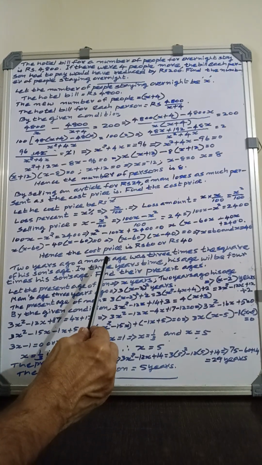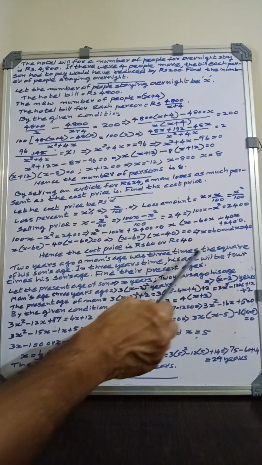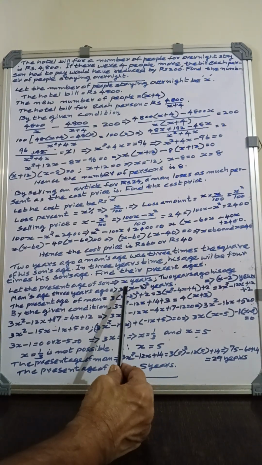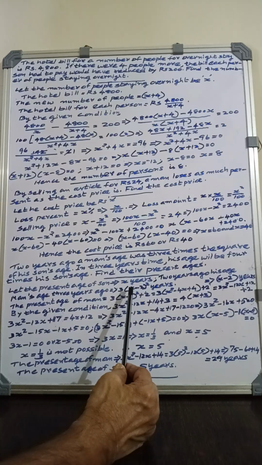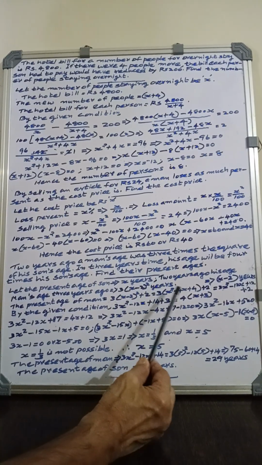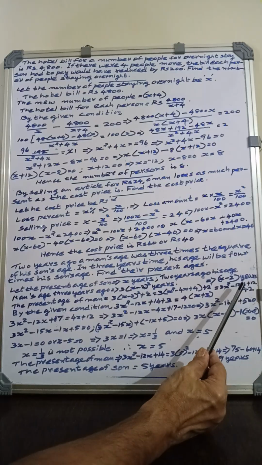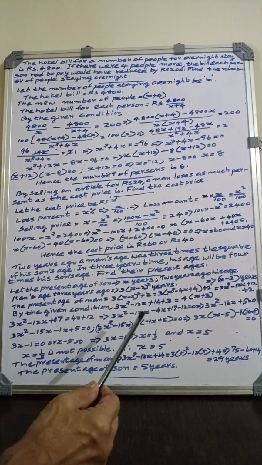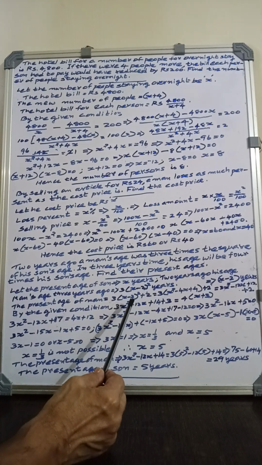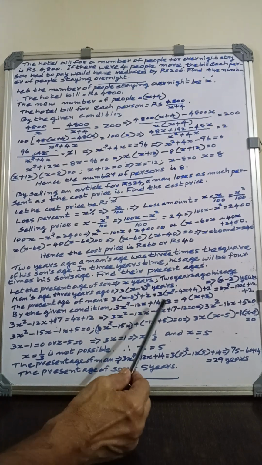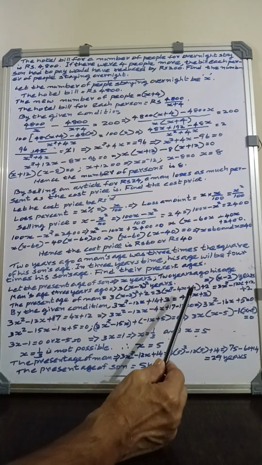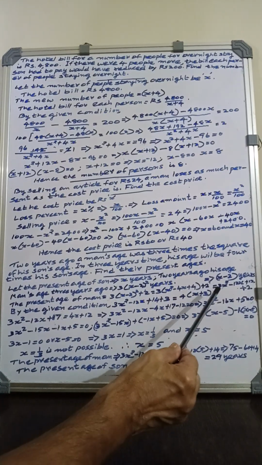2 years ago, a man's age was 3 times the square of his son's age. The age of the man now equals 3 into x minus 2 the whole squared plus 2, equals 3 into x squared minus 4x plus 4 plus 2.